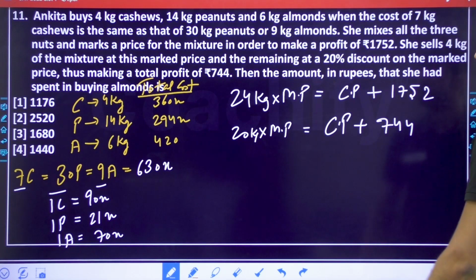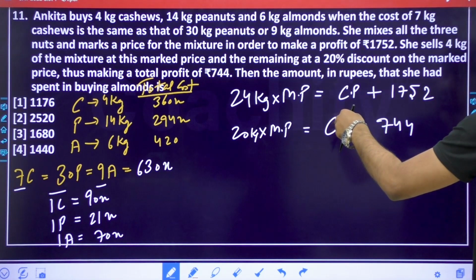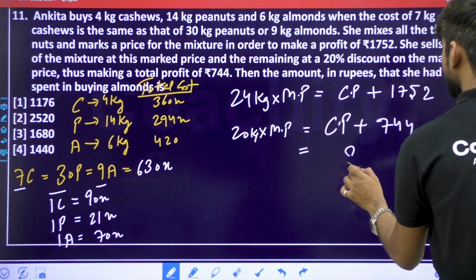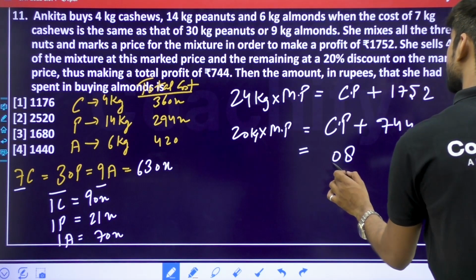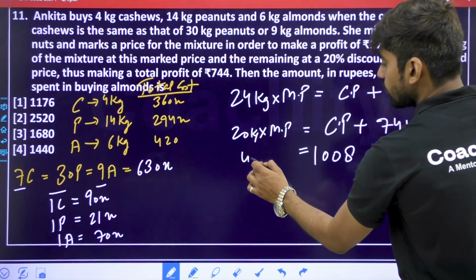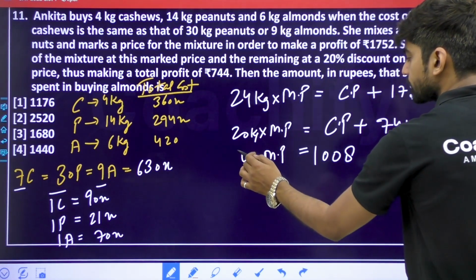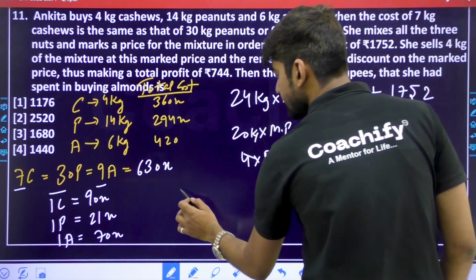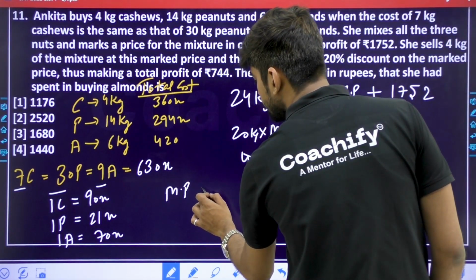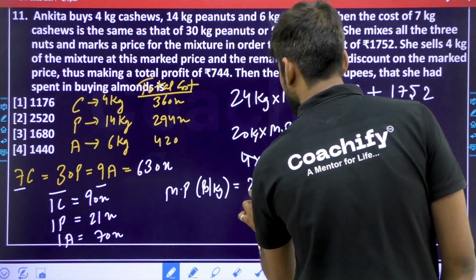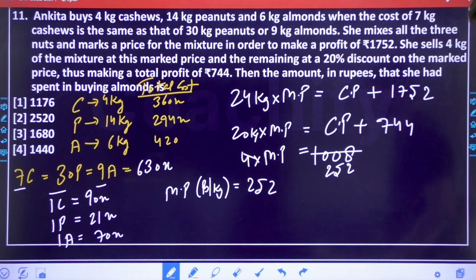Now, if I subtract my second expression from the first one, then I'll get my RHS equal to 1752 minus 744, and 24 minus 20 is 4 into MP. So my mark price in rupees per kg is coming out as 252. I hope it is clear till here.